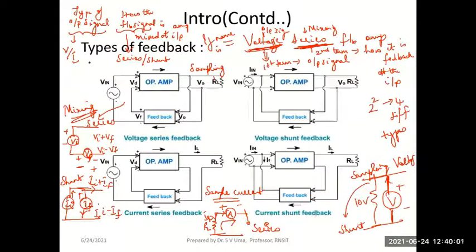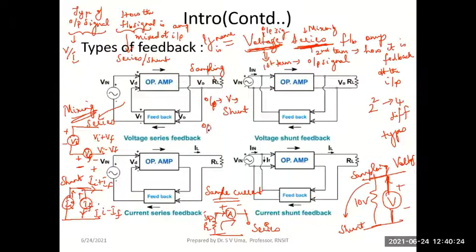Remember this. If the output signal is a voltage, then it always means a parallel or shunt connection across the output. So you will always connect the feedback circuit in shunt or in parallel with the load.